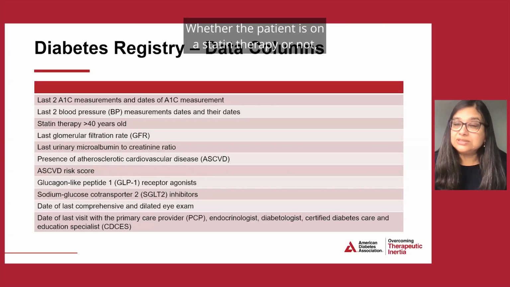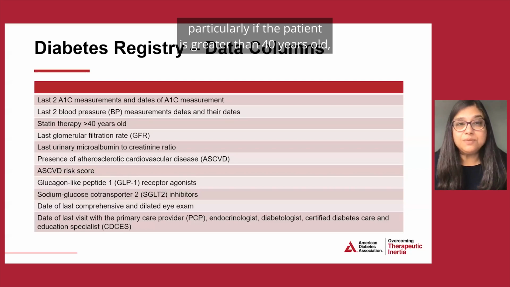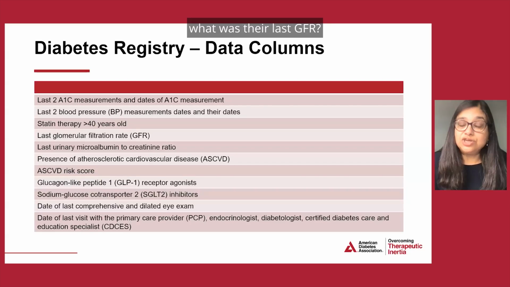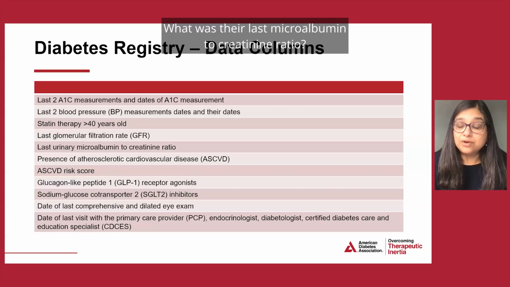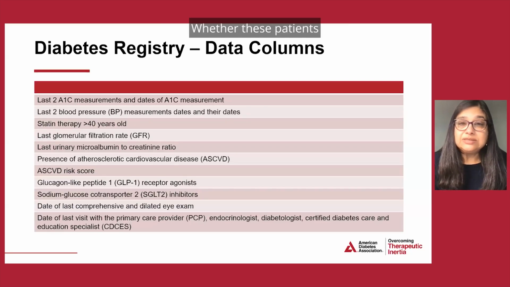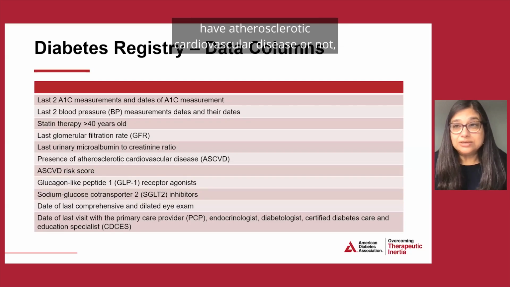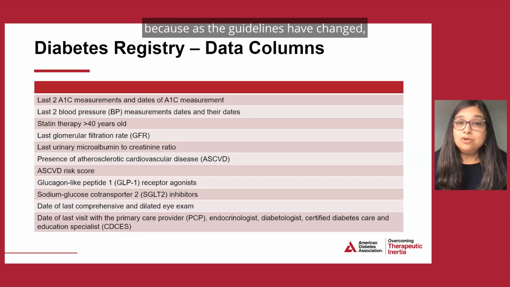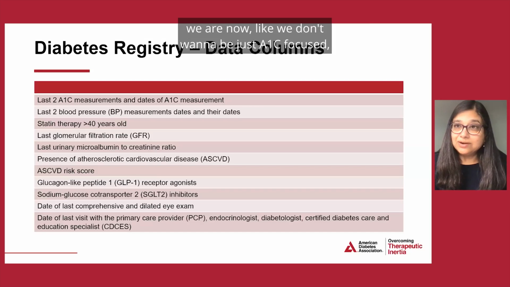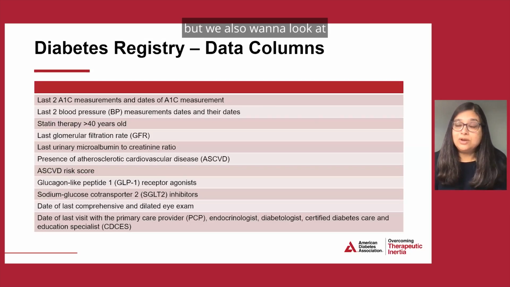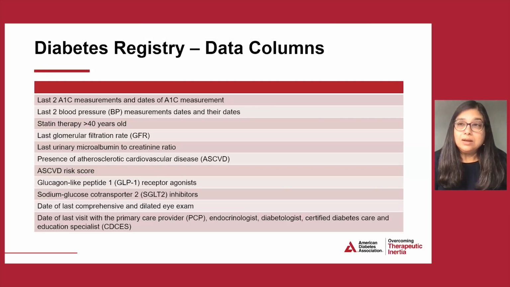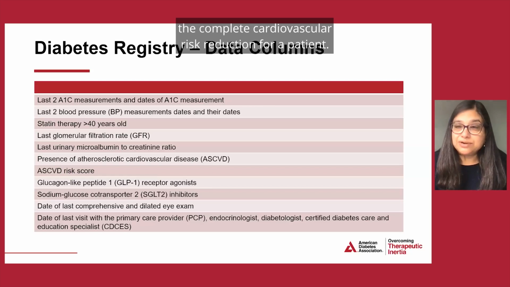Whether the patient is on a statin therapy or not, particularly if the patient is greater than 40 years old, what was their last GFR, what was their last microalbumin creatinine ratio, whether these patients have atherosclerotic cardiovascular disease or not, because, as the guidelines have changed, we don't want to be just A1C focused, but we also want to look at the complete cardiovascular risk reduction for a patient.